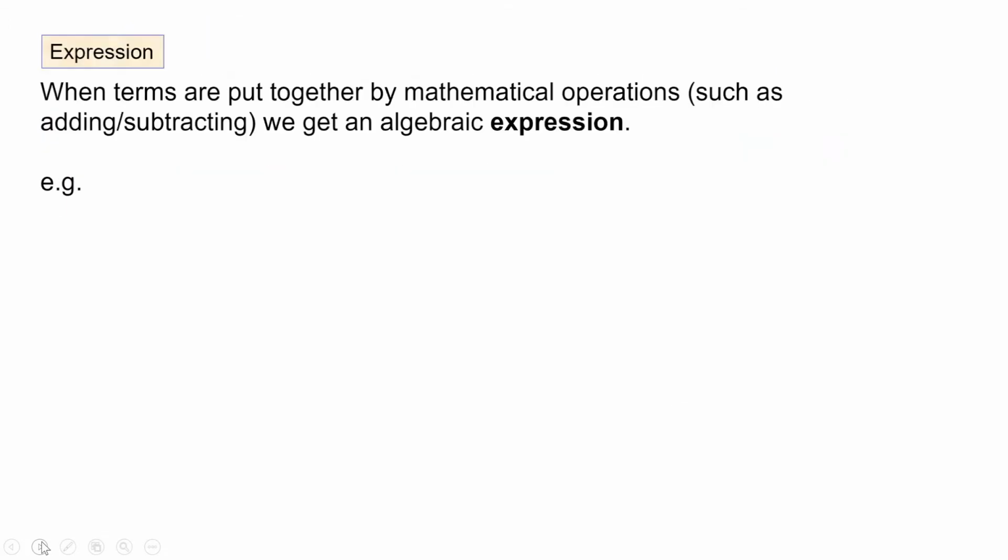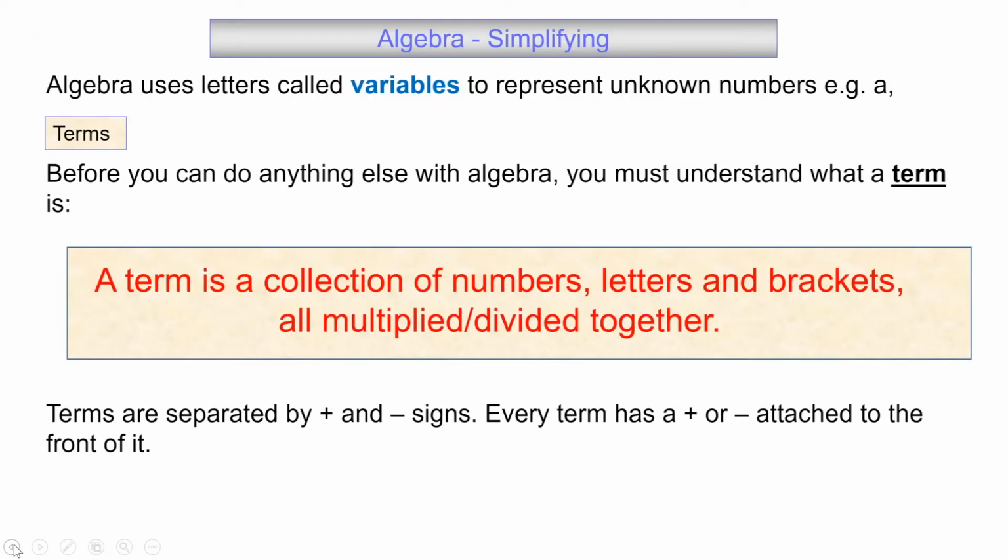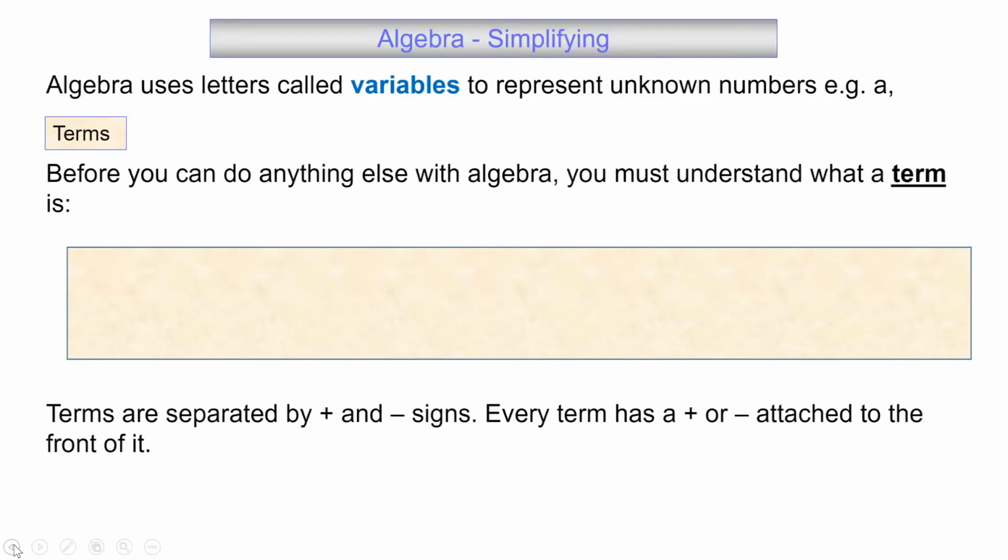Firstly, we're going to have a look at a few definitions. Algebra uses letters. When I say the word algebra, you'd all probably remember that it's a load of letters. These letters are called variables, and they're used to represent unknown numbers. So you may see A, or you may see X written.